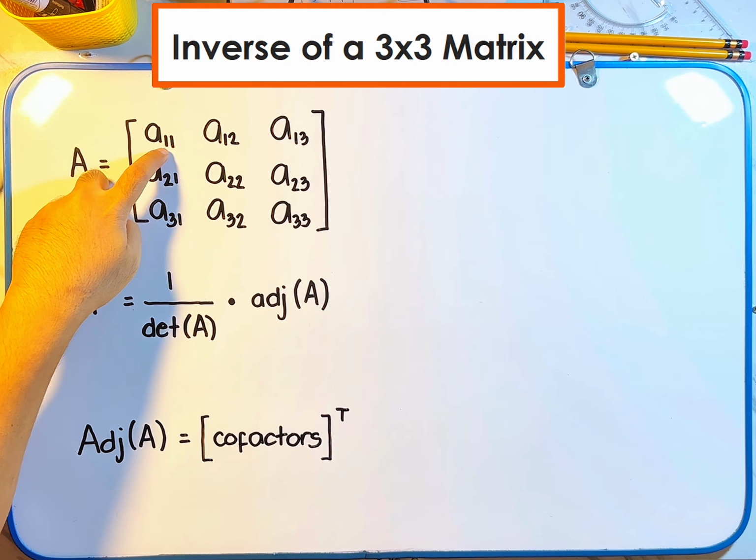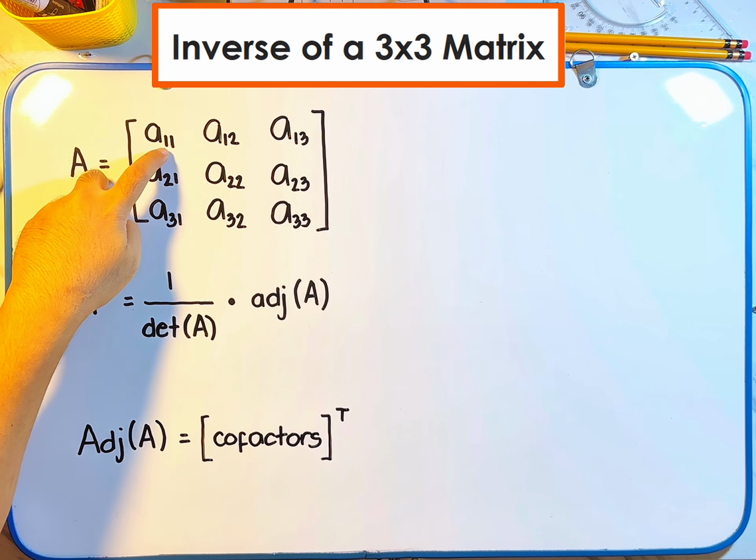Looking back at our formula, we need the determinant and the adjoint. So, the next step is to solve for the adjoint. And to find the adjoint, we need the cofactors. And the idea here is that to find the cofactors, we must first find the minors.